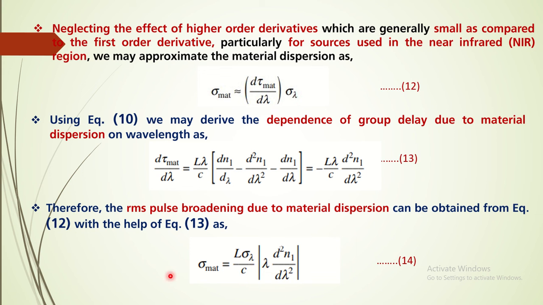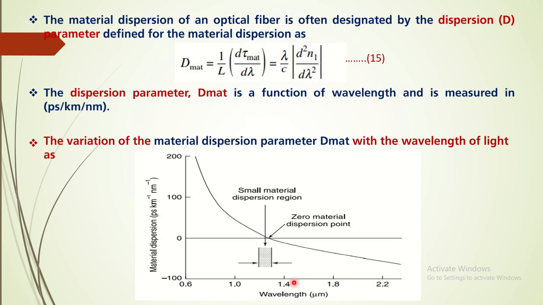From equation 14, you can clearly understand that material dispersion depends purely on the refractive index variation, that is d square n1 divided by d lambda square. The material dispersion in an optical fiber is often designated by a dispersion parameter D, defined for material dispersion as D mat is equal to 1 by L d tau mat divided by d lambda.